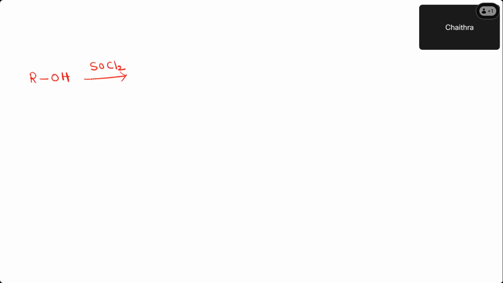This is called Darzens' reaction. So what is the product here? What do you get? ROH is substituted by Cl. You get RCl. Alkyl halide you will get. And the byproducts you will get are HCl and SO2. That's why you will say this is a very good method to prepare alkyl halides, right?